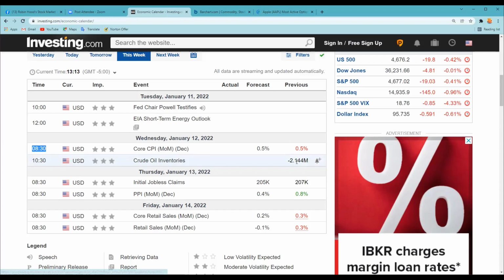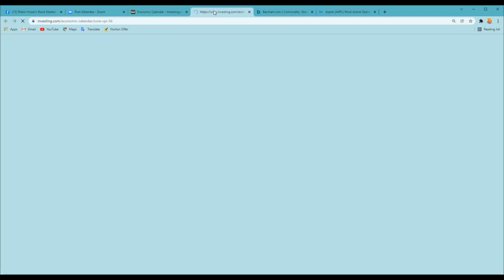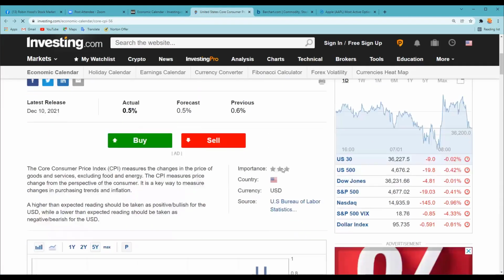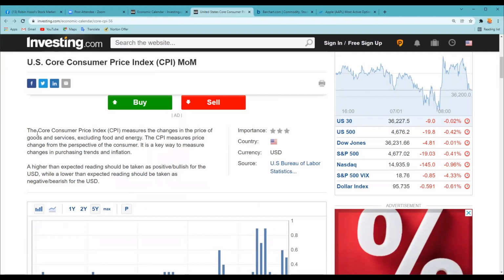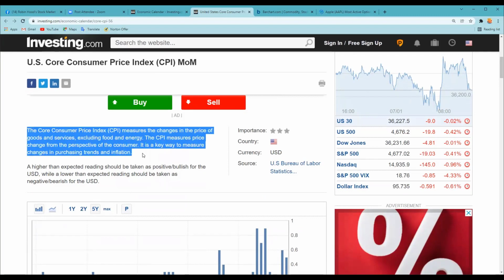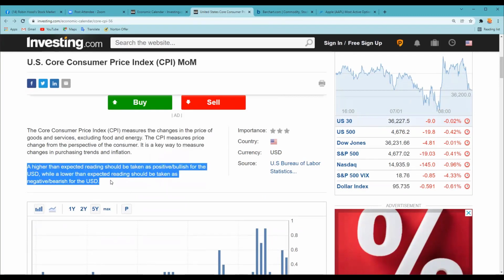The previous report for the month of November was 0.5%, and it's anticipated to be the same at 0.5%. If you're not sure exactly what these are yet, you can feel free to click on them. A new tab will appear, or on your mobile phone, the next page will load, and it'll tell you exactly what it is and how it'll affect the stock market.